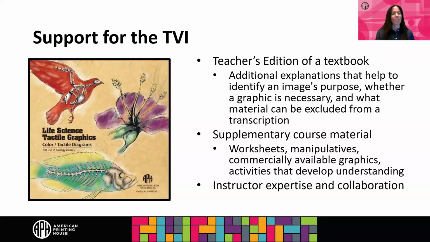Also, teachers will have supplementary course material like worksheets and manipulatives and commercially available graphics, and also activities that develop understanding. And your classroom teacher is actually one of the most important sources of expertise and collaboration, a very important human resource. So let's look at that relationship a little bit more closely.